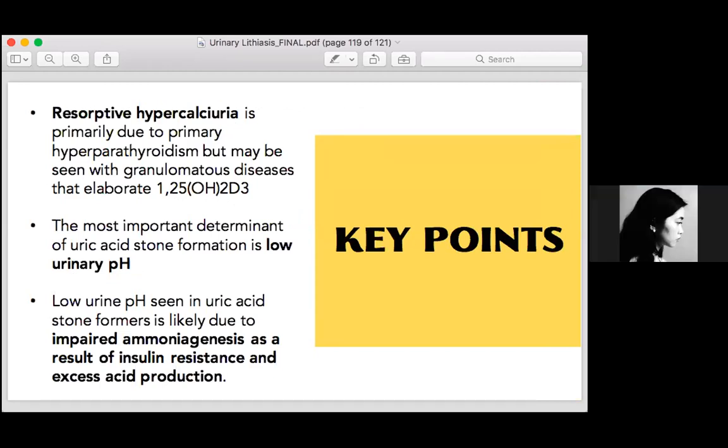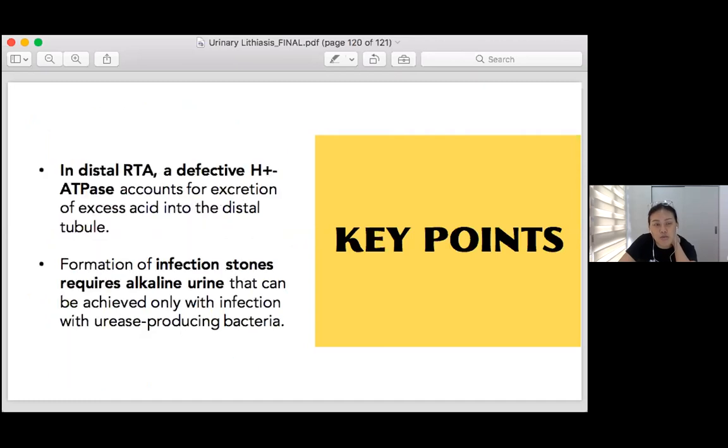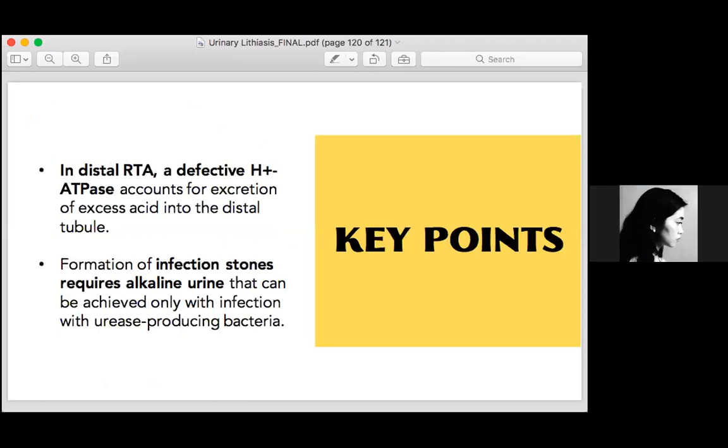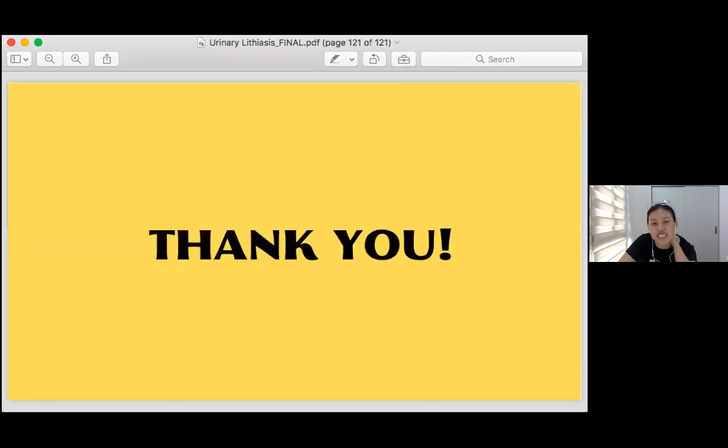This is because impaired ammoniogenesis can be a result of insulin resistance and excess acid production. In distal renal tubular acidosis, there is a defect in the hydrogen ATPase, and formation of infection stones would require alkaline urine that can only be achieved with a urease-producing bacteria. So thank you.